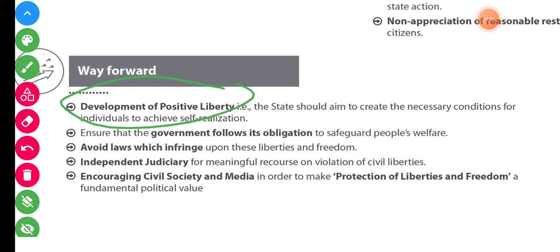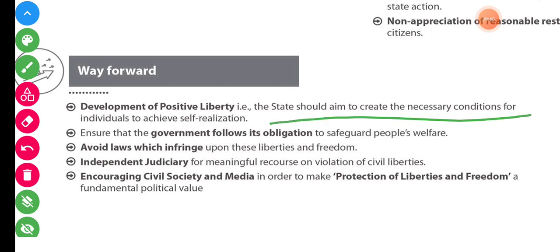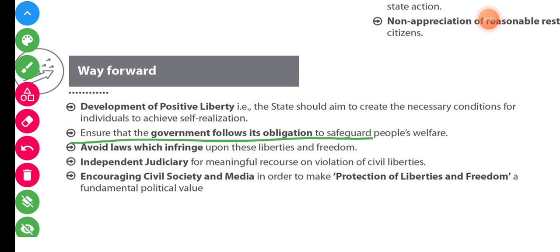The development of positive liberty, that is, the state should aim to create the necessary conditions for individuals to achieve self-realization and ensure that the government follows its obligation to safeguard people's welfare and avoid laws which infringe upon these liberties and freedom.